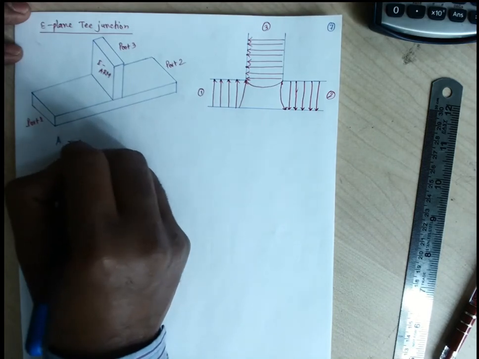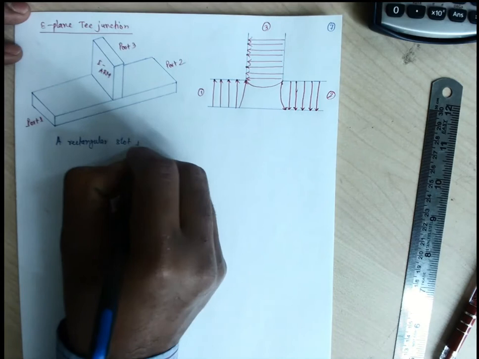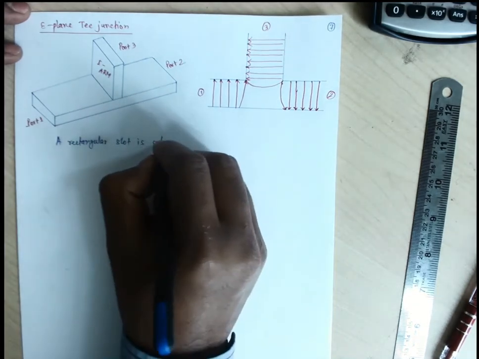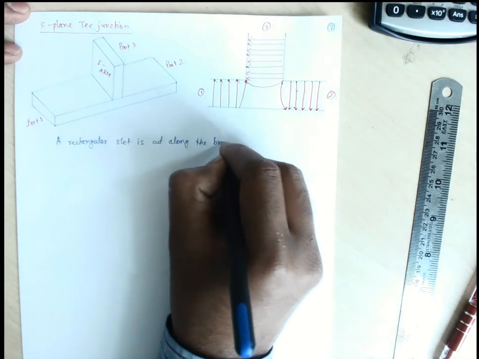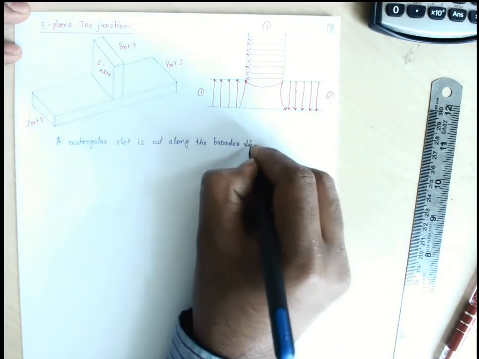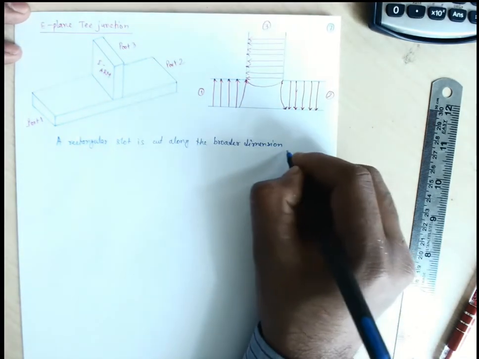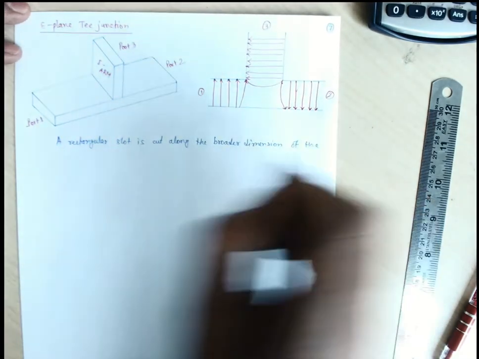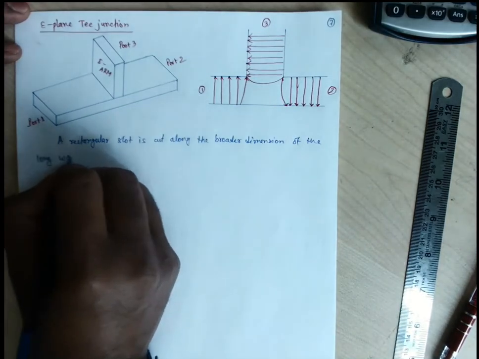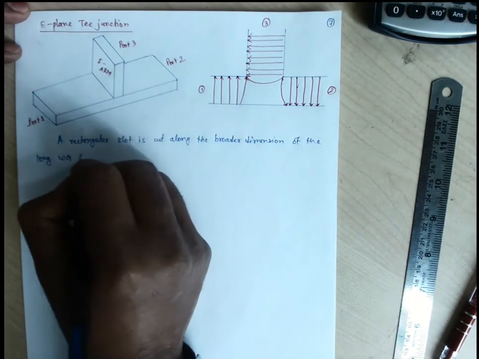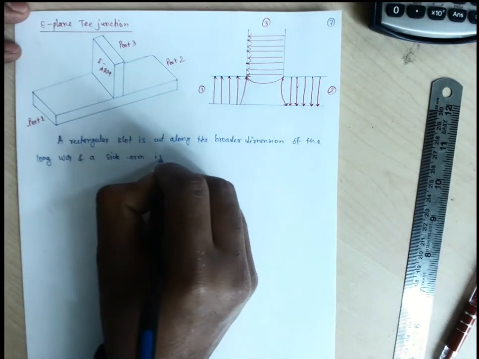A rectangular slot is cut along the broader dimension of the long waveguide and a side arm is attached.